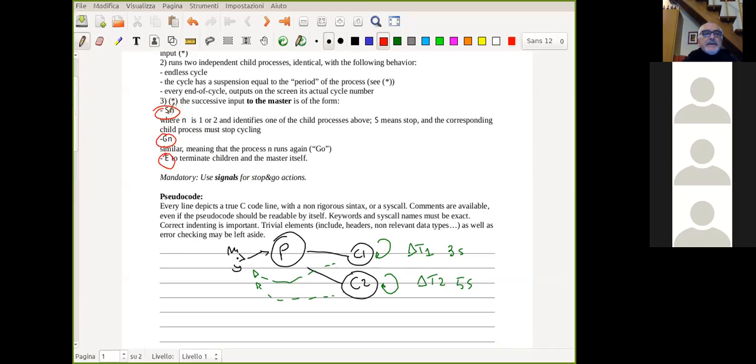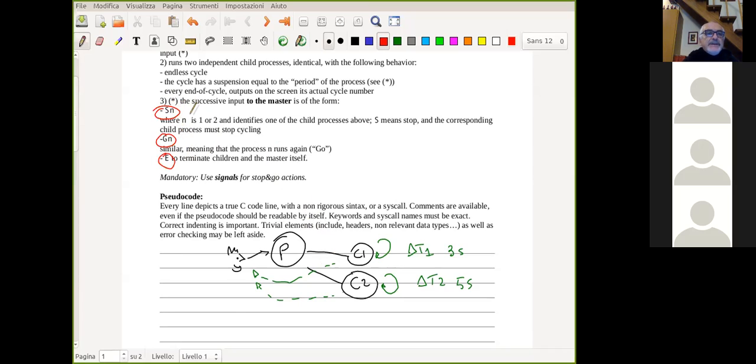S stops, and G is go, and you say the number of the process, so the number of the child.